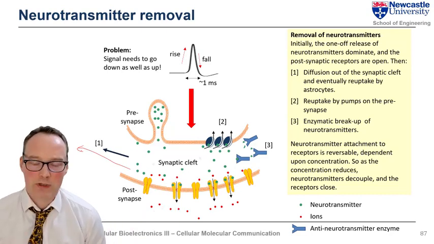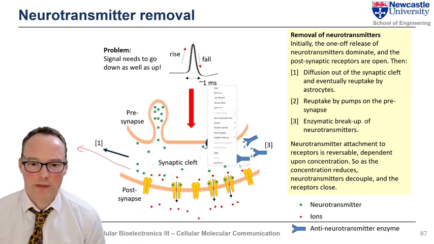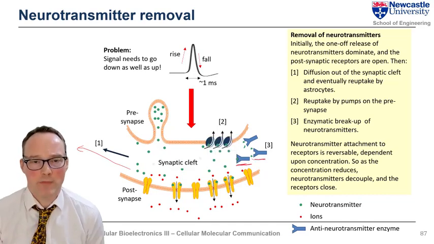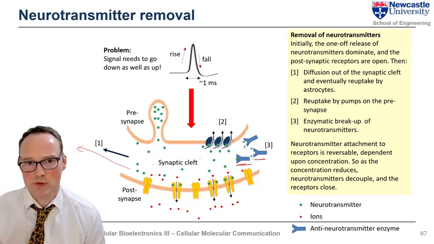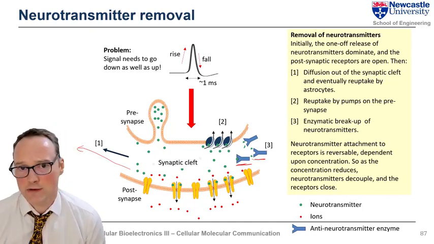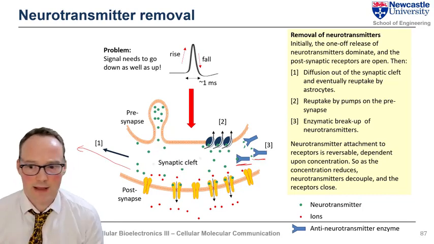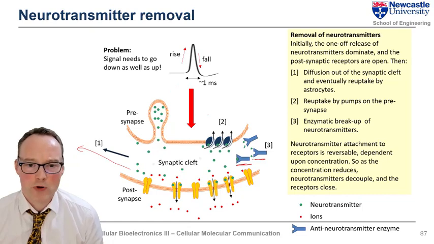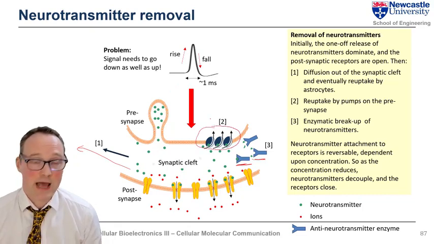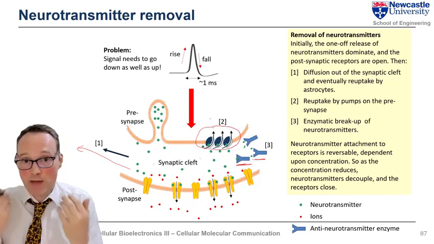The second, which is really, really important, are the enzymes which come in and break them up. So you could have enzymes that break up glutamate, or enzymes which break up acetylcholine into the component parts of choline.